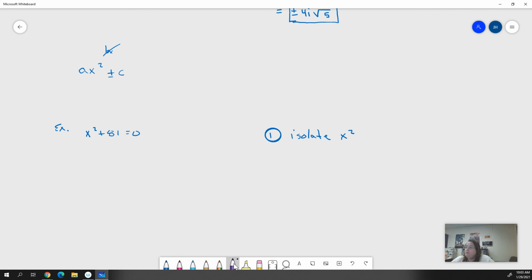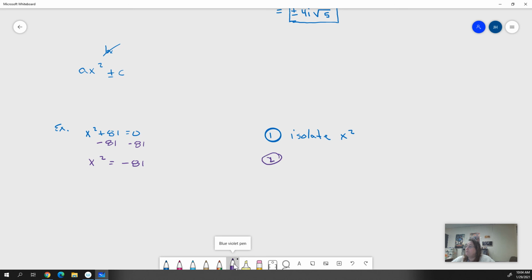So we do that by undoing anything else that might be being done to it. In this case, the only thing happening to x squared is we've got 81 being added to it. So to undo it, we have to subtract 81 from both sides. And so we're left with x squared equals -81.